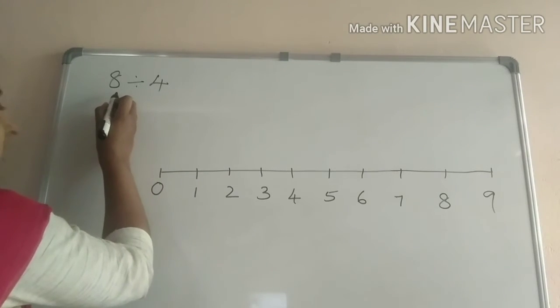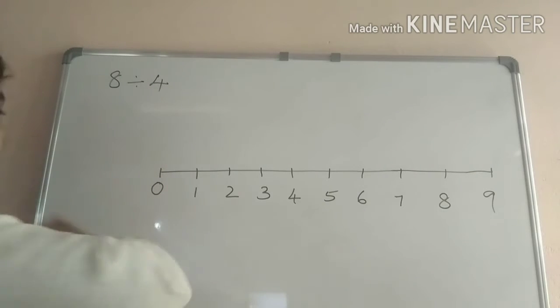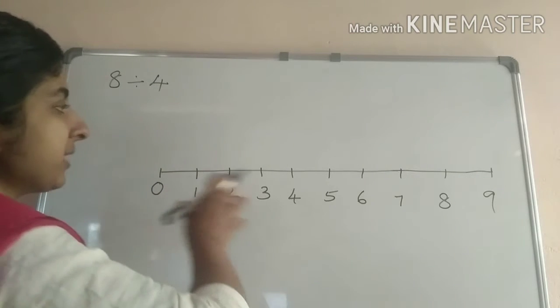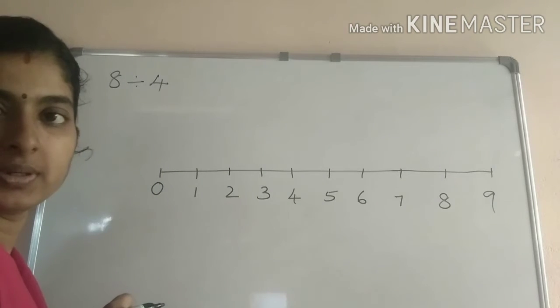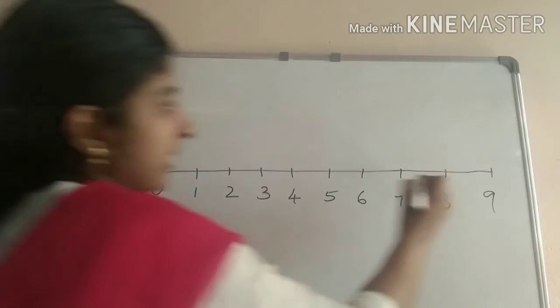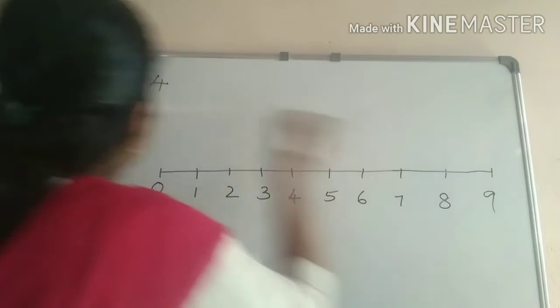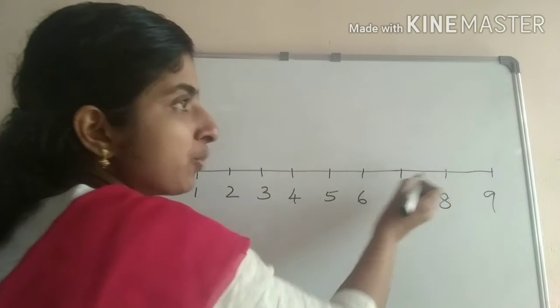Next we are going to discuss division on a number line. See the first problem. Here the dividend is 8 and the divisor is 4. Using the number line, how to divide this number? The dividend is 8, that is 8 is here. The divisor is 4, that is 4 steps backward.